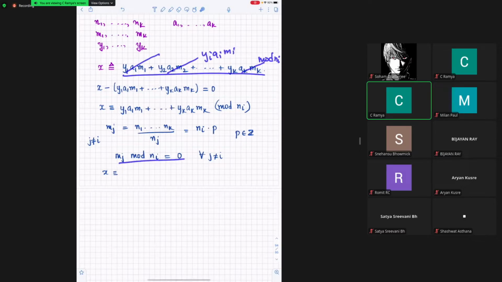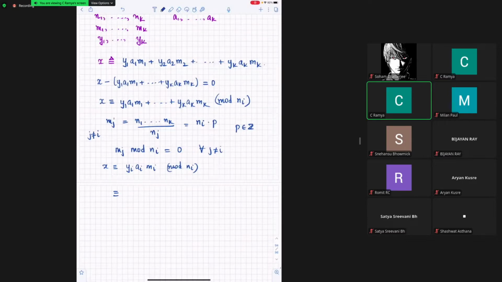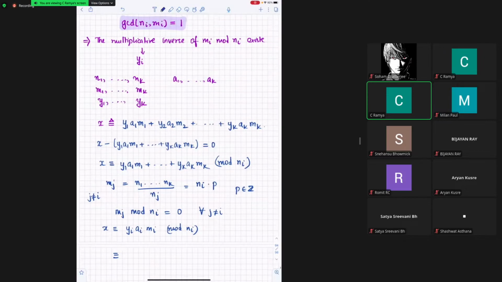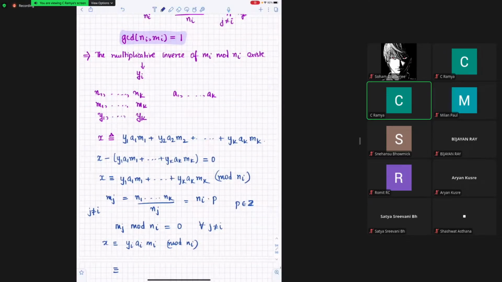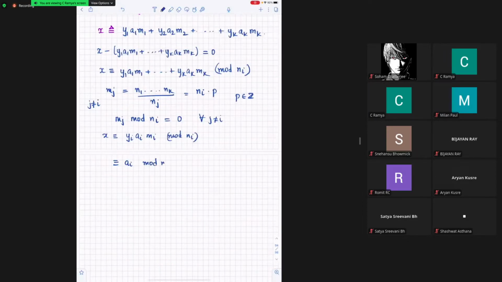Everything else will go to 0. Is that clear? So x is congruent to yi, ai, mi mod ni. But what do we know about yi and mi? They are multiplicative inverses of each other modulo ni. And such a thing exists because the GCD of ni and mi is 1. So I know that this is congruent to ai mod ni, for all i, 1 to k.